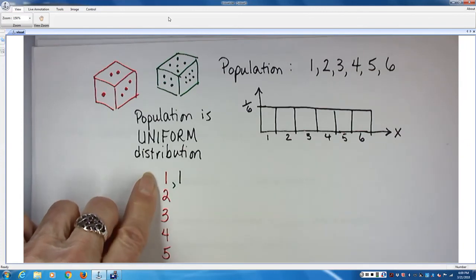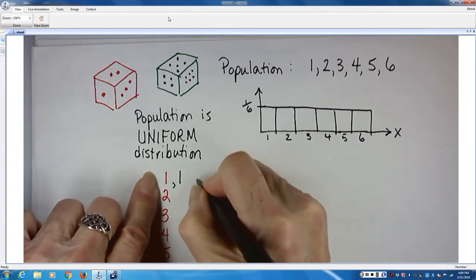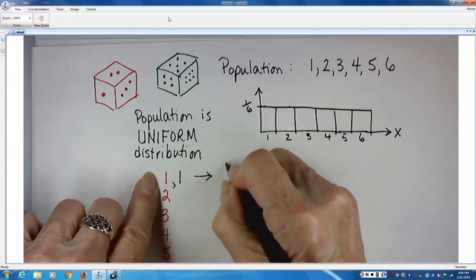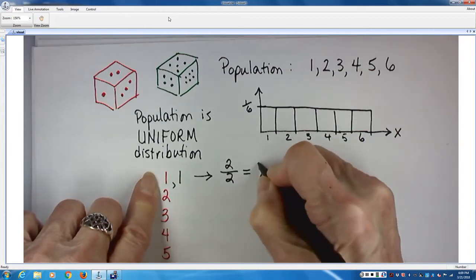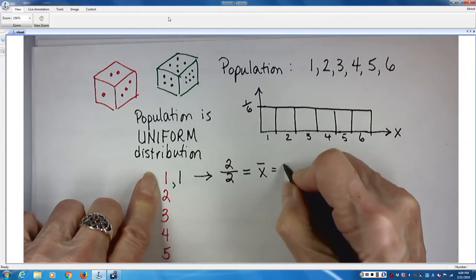And if that was the case, I would have rolled a sum of 2 using 2 dice, which means that x bar, that sample mean, would be 1.